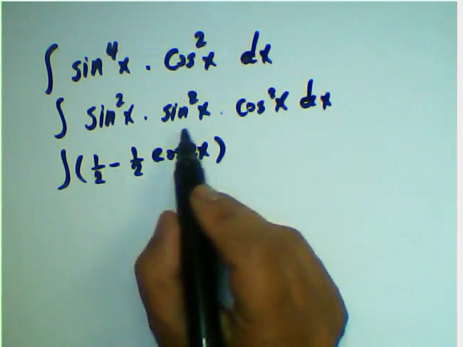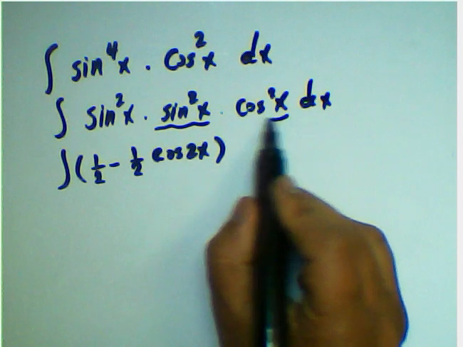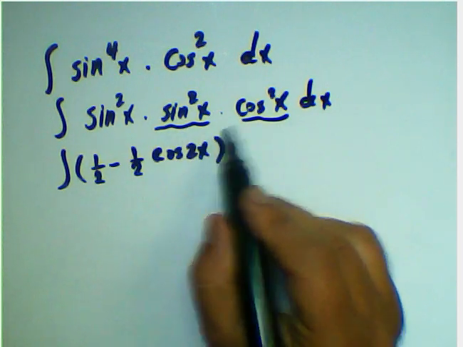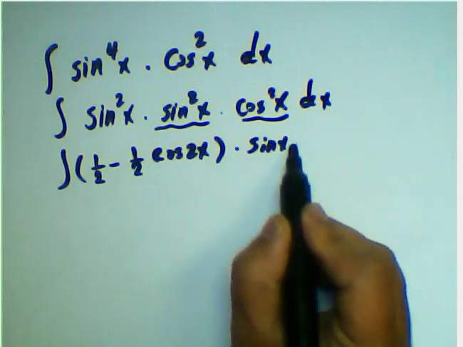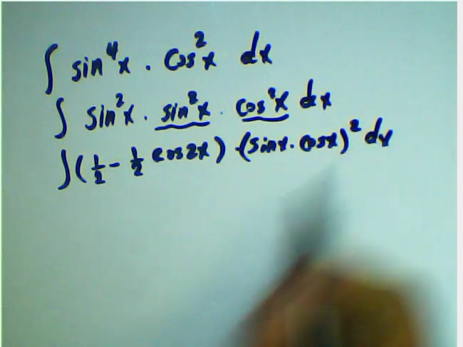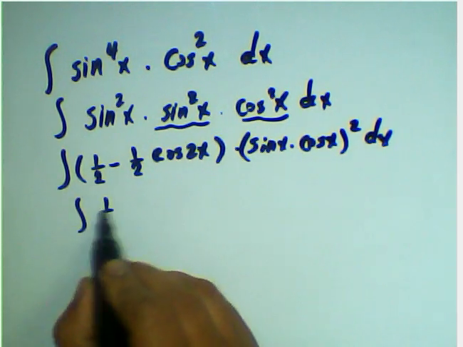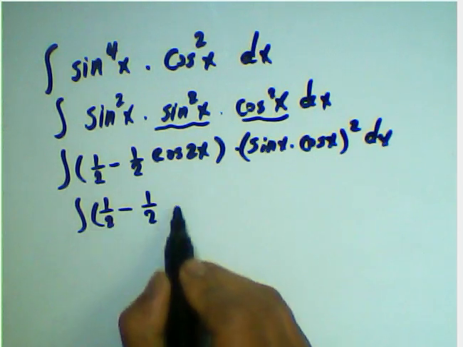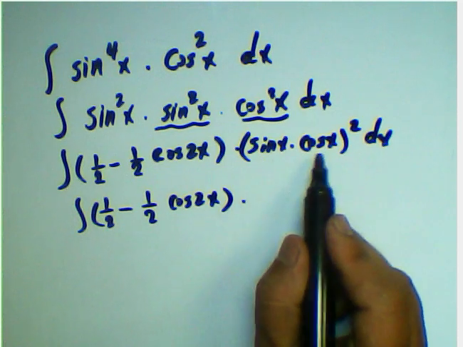Okay, and sine power 2x here and cosine power 2x, we can write as sine x dot cosine x all power 2 dx. And we can write here half subtract by half cosine 2x dot sine x dot cosine x.